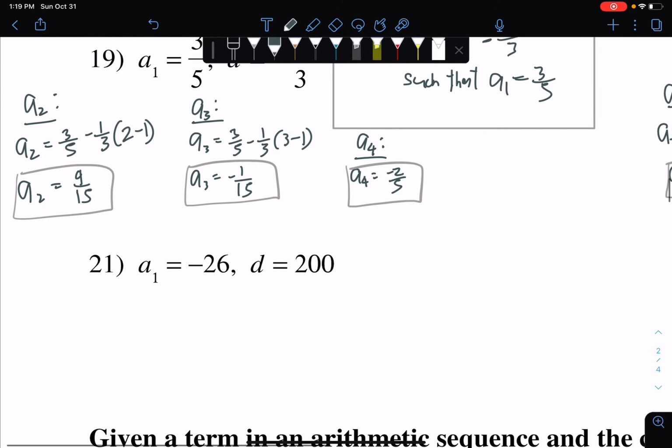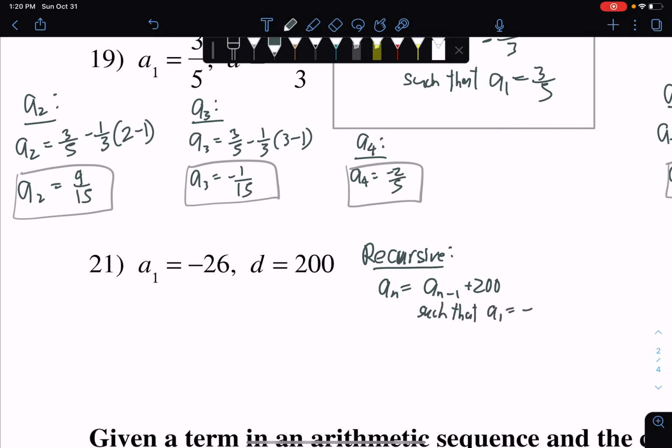Alright, let's go with number 21. Recursive. A sub n is equal to a sub n minus 1 plus 200, such that a sub 1 is equal to negative 26.